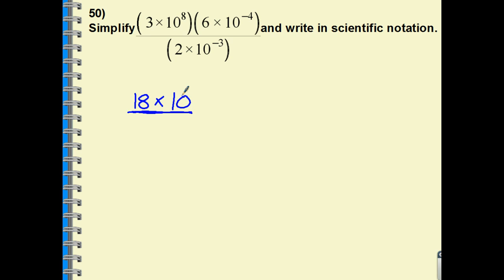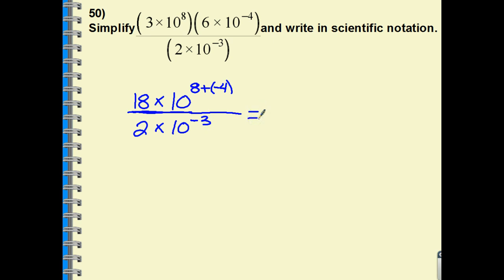Well, what power of 10 are we going to have? Our bases are the same, so when we have a product and our bases are the same, we are to add the exponents, so 8 plus negative 4. And all of that is going to be over the denominator, which is 2 times 10 to the negative third power.